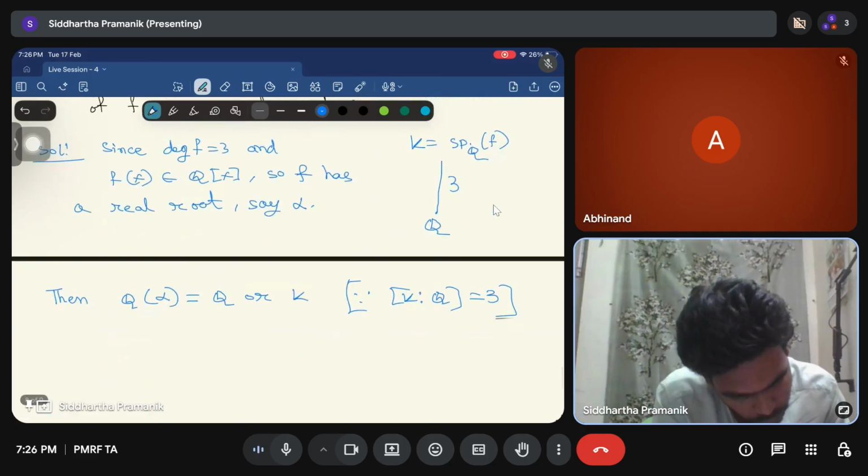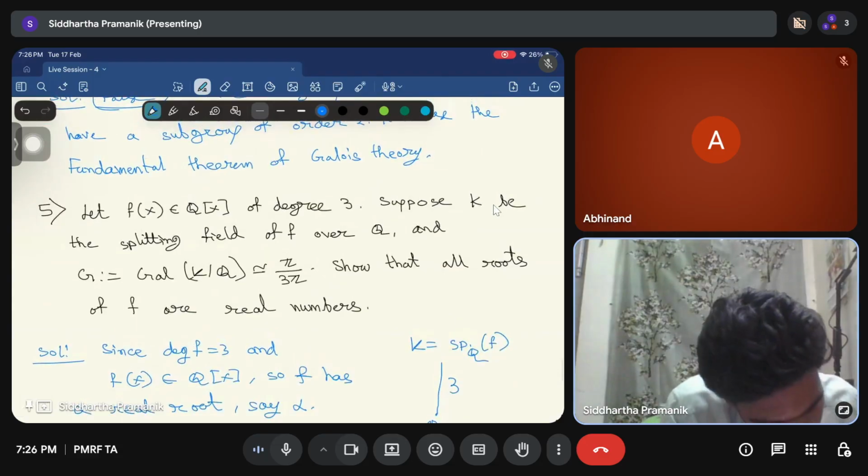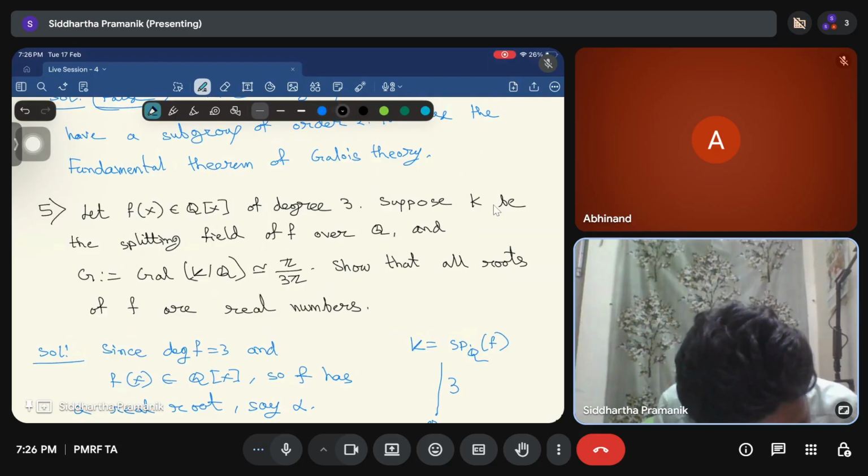Yeah, we need to assume that f is irreducible. Let x be irreducible of degree 3.